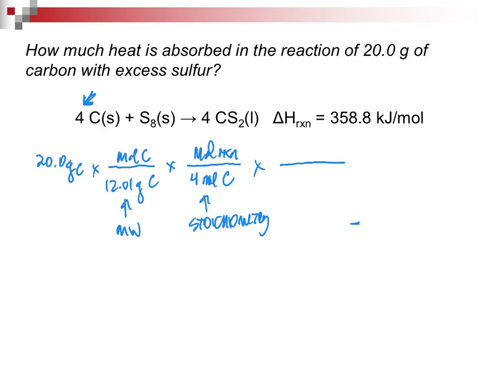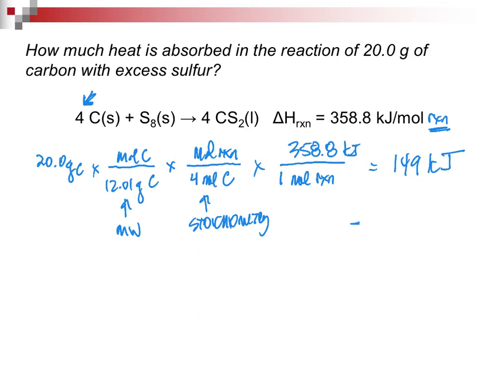For every 1 mole of reaction, there are 358.8 kilojoules. Now, this is where people often leave off that word reaction. And as a beginning student, it's going to frustrate you because you're going to want to have everything laid out, but you'll just have to, once again, trust me. It comes out to 149 kilojoules.